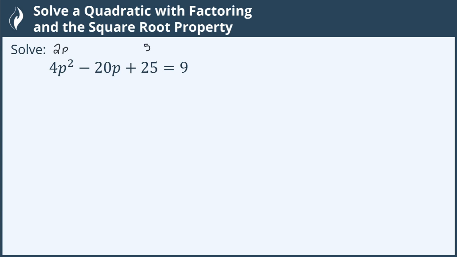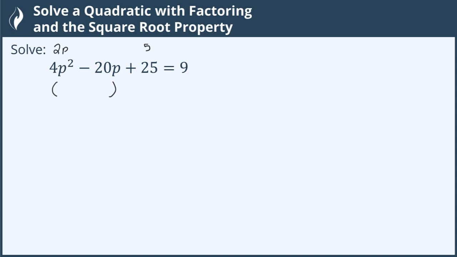And if I multiply these together, I will get this right here. So the pattern is this: because this is a perfect square and this is a perfect square, I'm looking at something that's pretty close to being a perfect square trinomial.